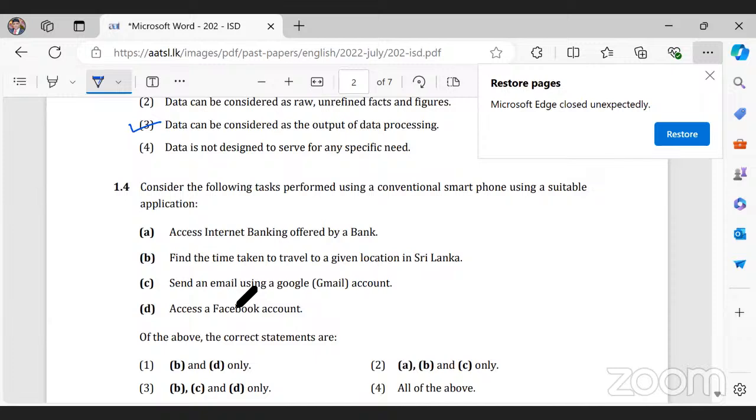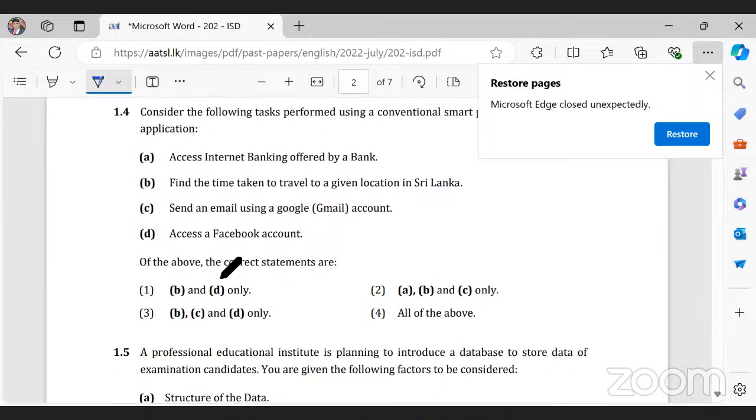Yes, we can, with the internet banking facility. Find the time taken to travel to a location in Sri Lanka. Yes, we can use the map. Using a Google Gmail account. Yes. Access a Facebook account. We can do everything. Then the correct answer is answer 4.